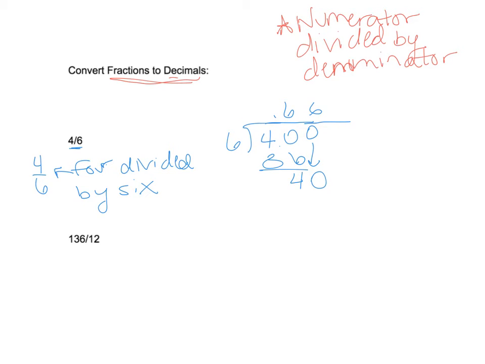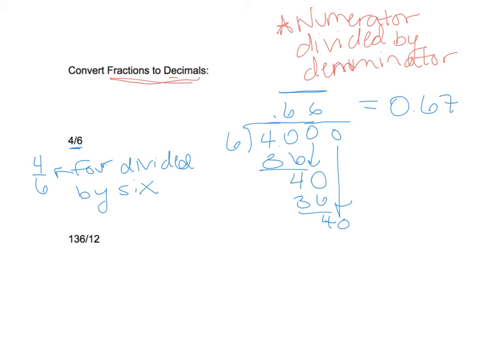So what's going to happen here is I have this repeating loop where I'm getting the same number over and over. My decimal is going to go on and on forever. So I can simply write this with a fraction bar over top of these numbers, or I can round and say that this is 0.67 or 67 hundredths.